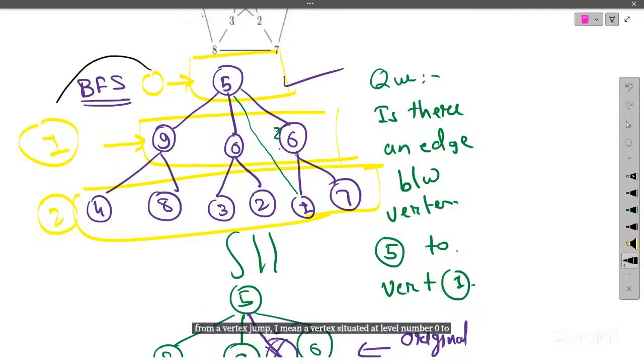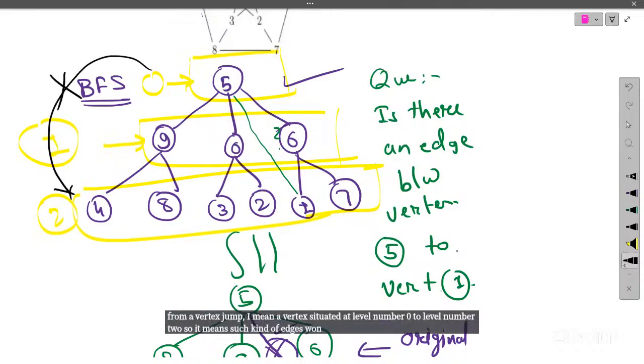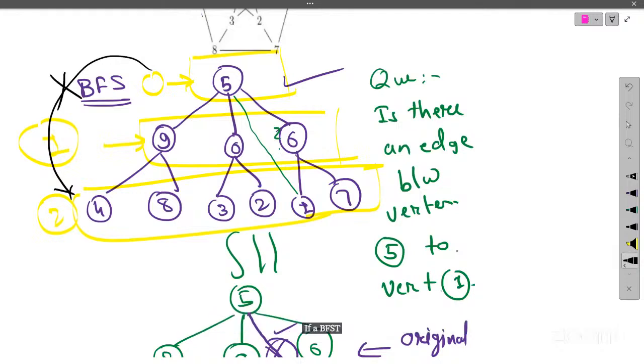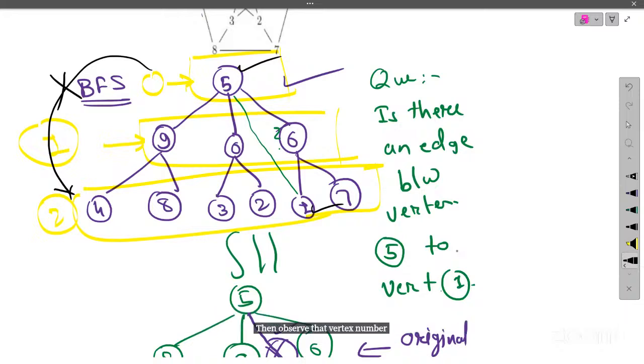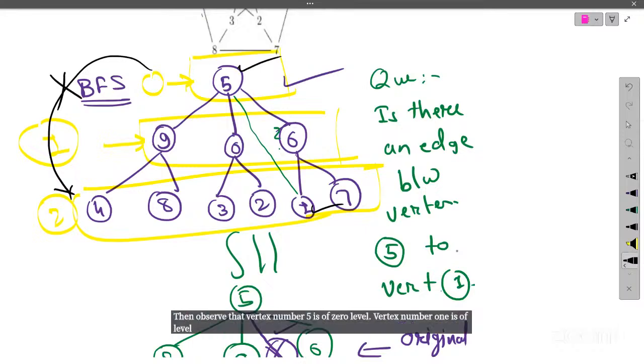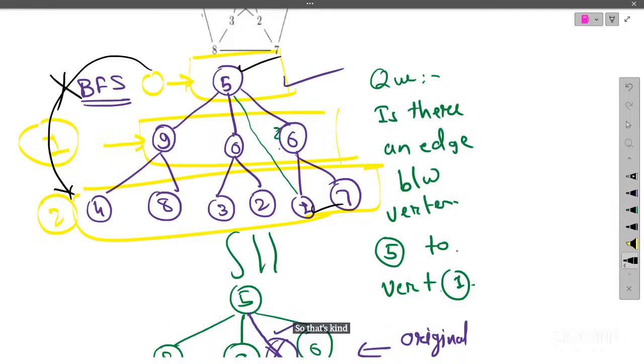If they ask whether there is an edge from vertex number 5 to vertex number 1, observe that vertex number 5 is at level 0 and vertex number 1 is at level number 2. So there is a jump between levels, and such edges won't be there in any graph.